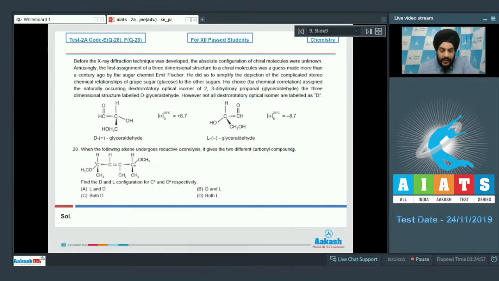Question number 28. When the following alkene undergoes reductive ozonolysis, it gives two different carbonyl products. So we have to find the D and L configuration for C star and C hash respectively. Okay. So when this compound undergoes ozonolysis, students, this bond will be cleaved and we're going to get an aldehyde on the left and a ketone on the right. So if we talk about the product containing C star, we're going to have the structure.